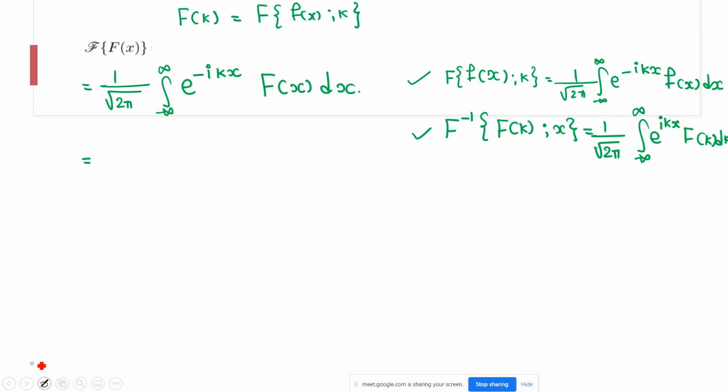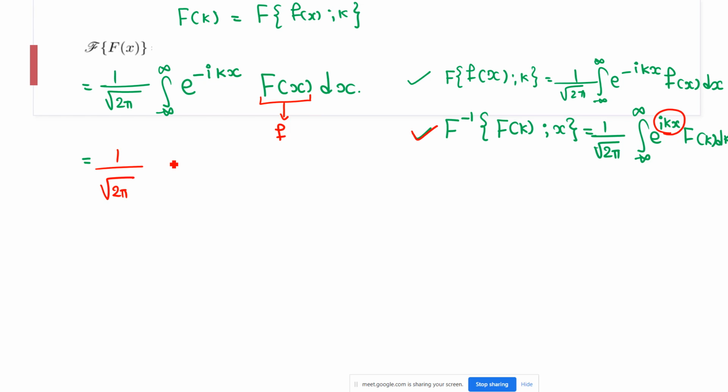What I see over here is I know that my f of x is Fourier of something, and this integration I will try to relate to the inverse, such that I know the inverse Fourier of this is nothing but small f. So I try to go with the inverse formula. For the inverse, I know my kernel should not have a negative sign. So what I do is I write it like this.